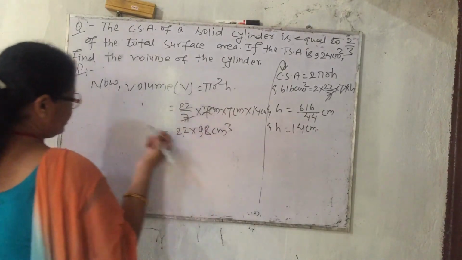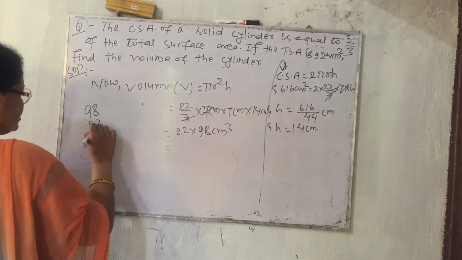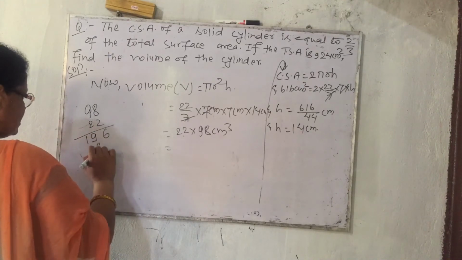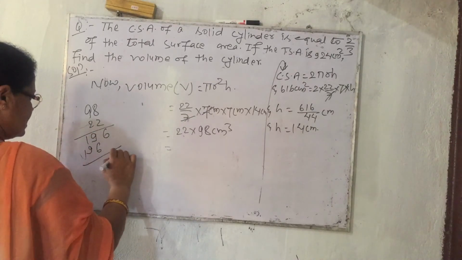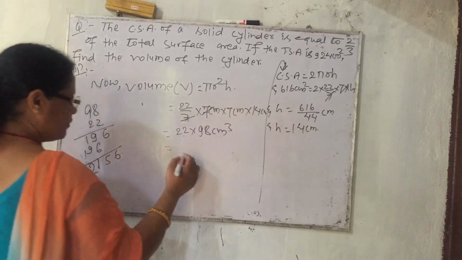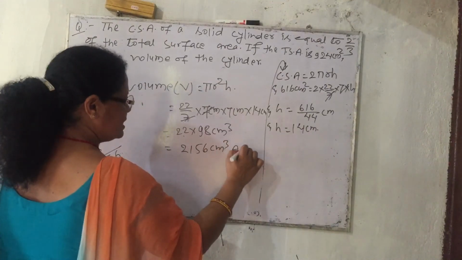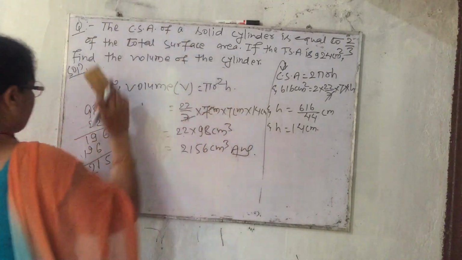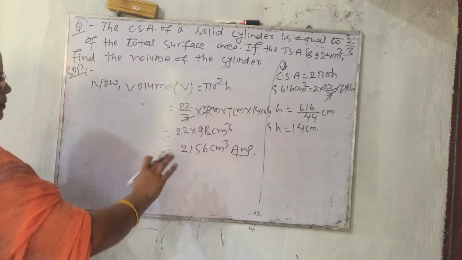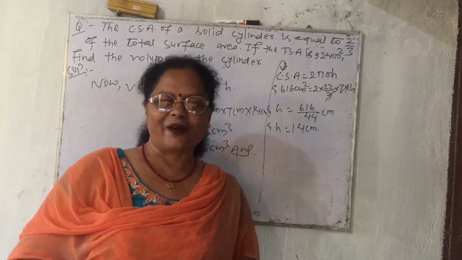Now after multiplying this, we will get its answer, 2156 cm cube. If we have to find out its volume, then we should find it this way. Understood? I think all of you have understood. Okay, thank you.